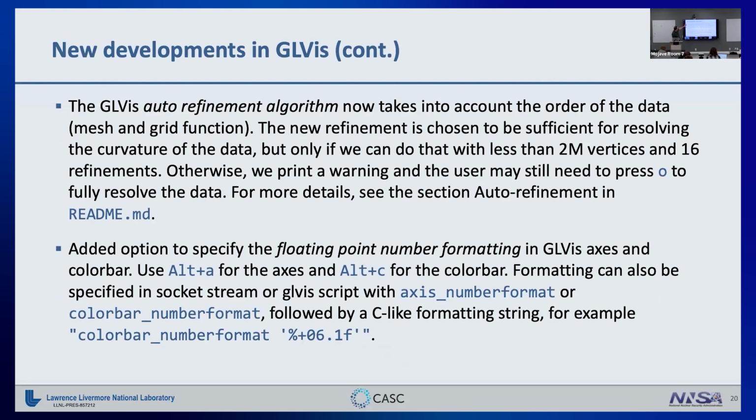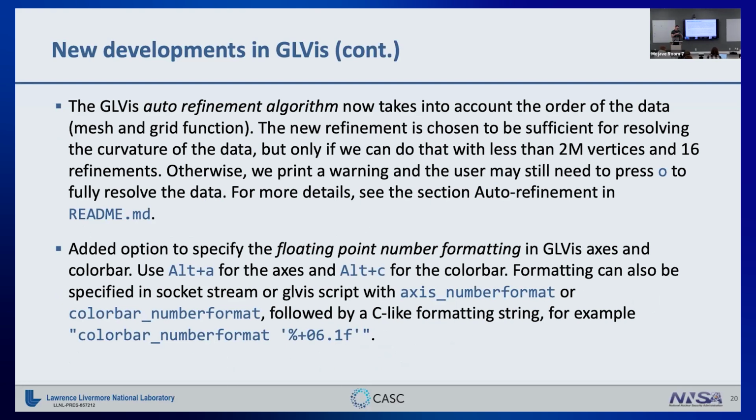So there was a lot of discussion on this topic actually, auto refinement. So we decided that before, the way GeoVis works is you give it a mesh and it will look at how many surface elements it's drawing, and it will auto refine. If the mesh is coarse, you'll get very nice and smooth looking surfaces.